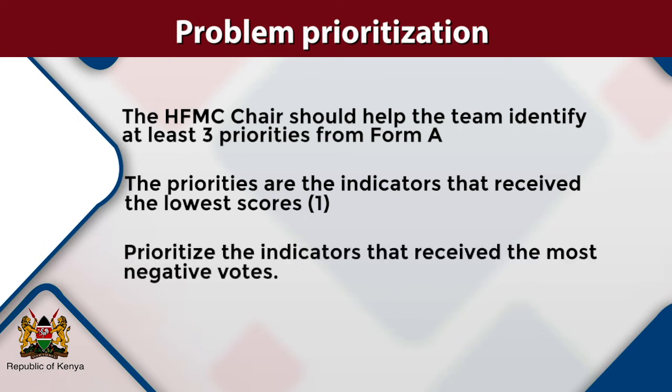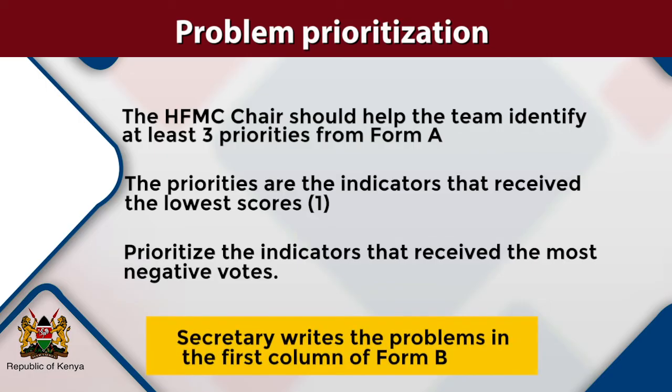If it is not clear what to prioritize, it is recommended to prioritize the indicators that receive the most negative votes. The Secretary writes the priority problems in the first column of Form B.